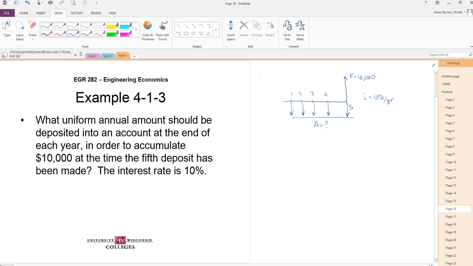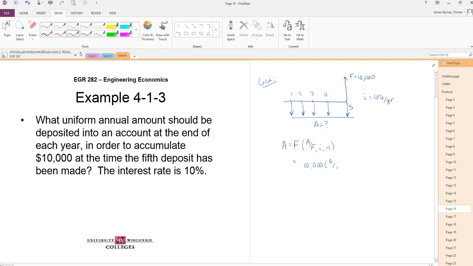So this is our given, and we want to find the A. So what we're going to do is say A is equal to F times, I want to find an A given an F at an interest rate for a number of periods. Well, I know I want 10,000.